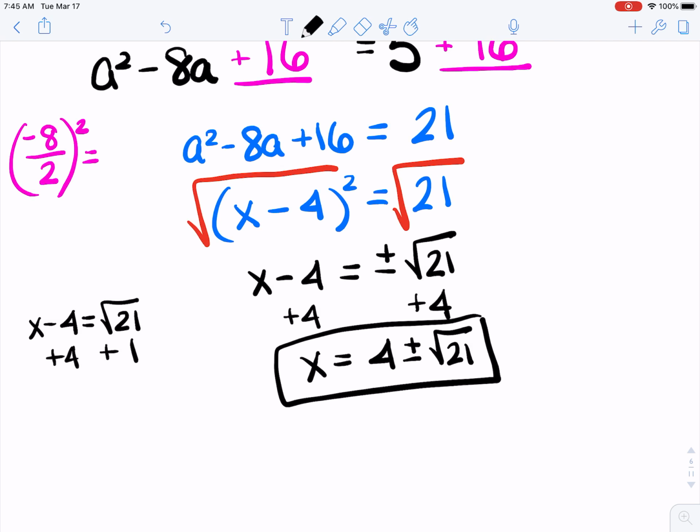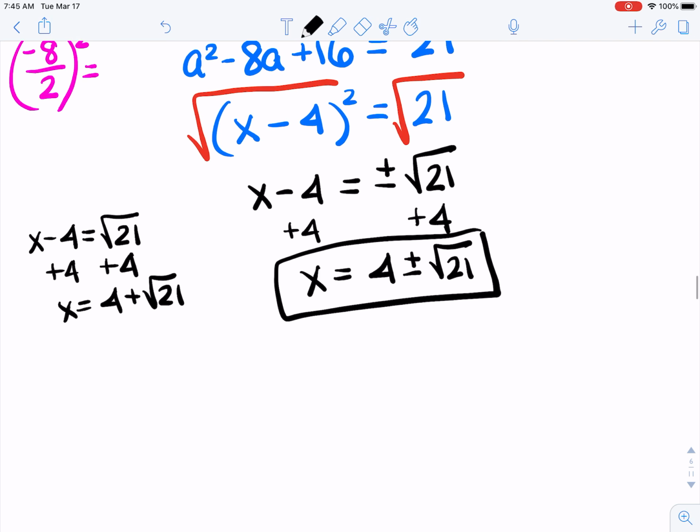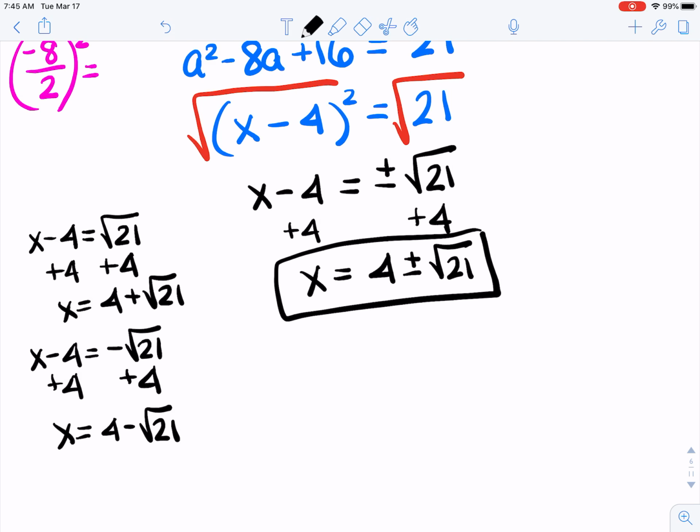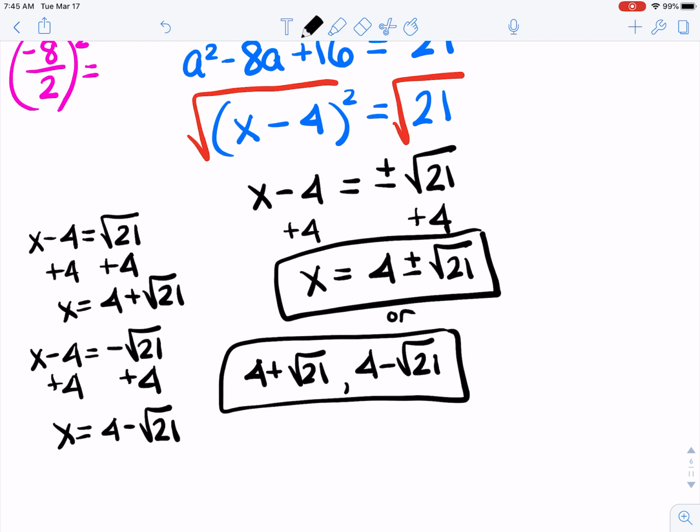You'd add 4. And then you would have a minus 4 equals negative square root of 21. So you can write it separately if you'd like. So either way is acceptable. Again, this is the more popular way to write your answer.